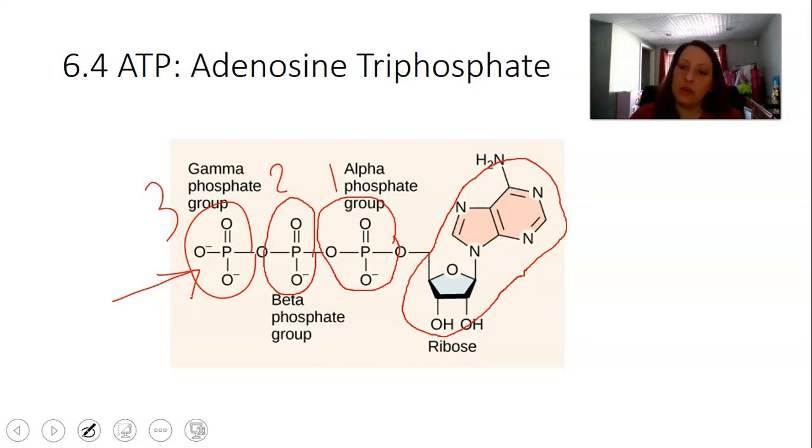And then some books will refer to them as the alpha, beta, and gamma phosphate group. Either way is fine. Now that terminal phosphate group can come off and then can be rejoined. The energy between phosphate groups 2 and 3, that bond connecting them, is the energy that is going to drive cellular work. That's the stored chemical potential energy in that last terminal phosphate group.